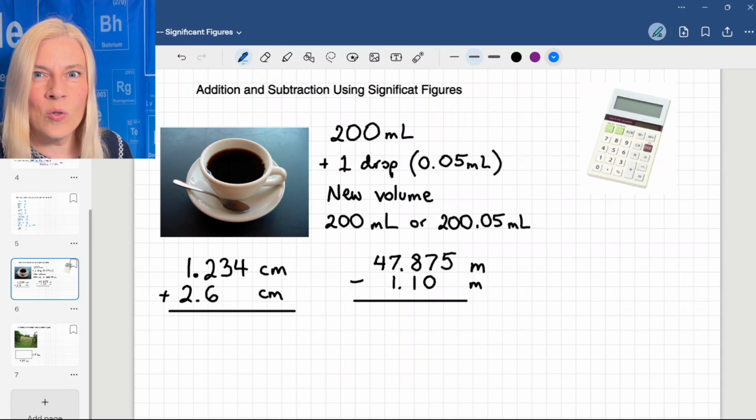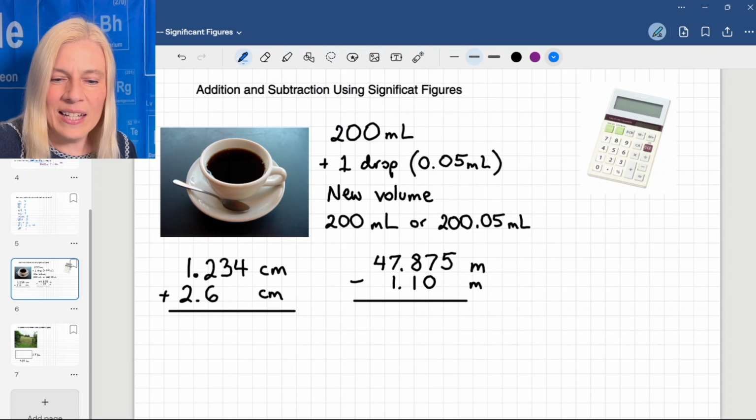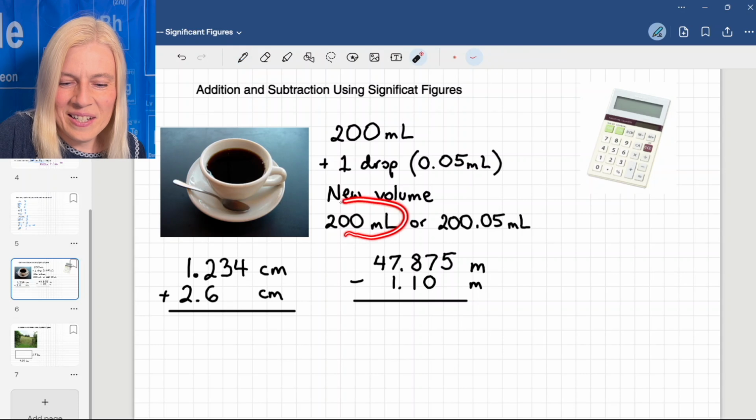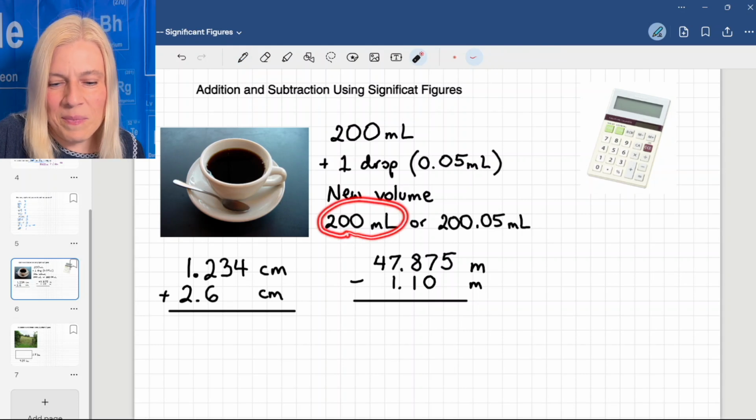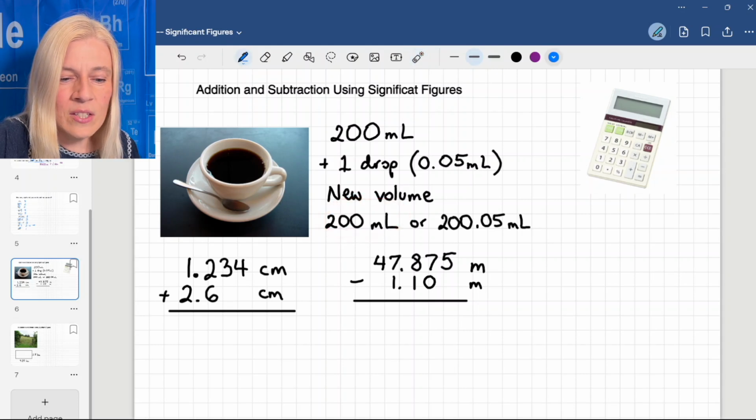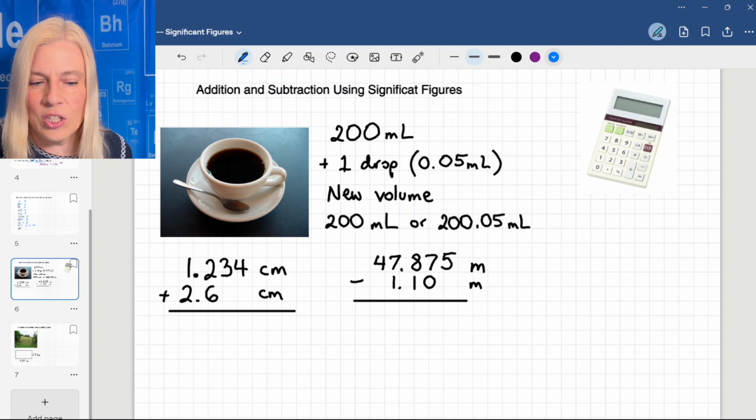Will that 1 drop make a difference in your cup? Will you notice that 1 drop difference? You wouldn't. So why would you report it? So the new volume is still 200 mLs, because 1 drop did not make a difference. So how do we deal with addition and subtraction?